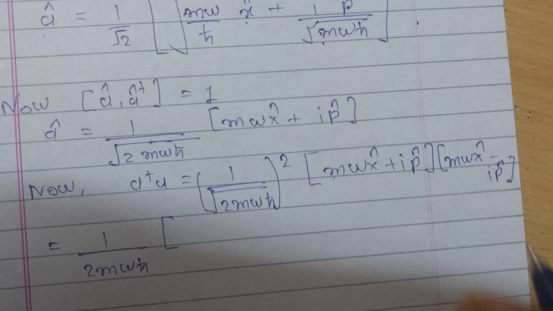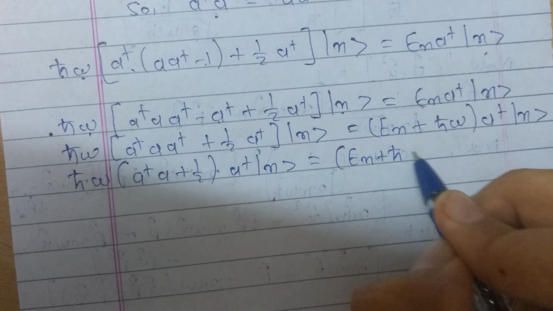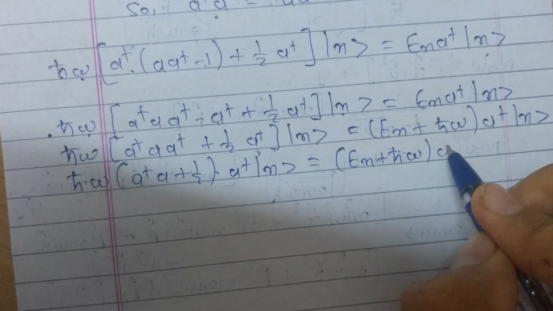Simplifying this equation, we get h cross omega into a dagger a plus half, acting on a dagger ket n, is equal to En plus h cross omega times a dagger acting on ket n. So this basically looks like a dagger is acting on ket n.